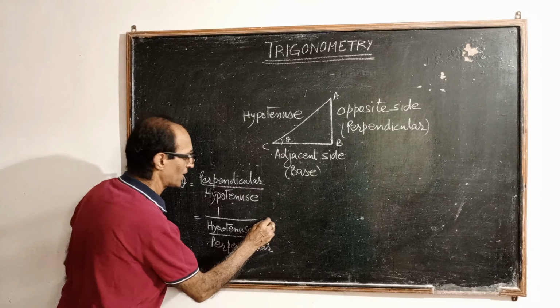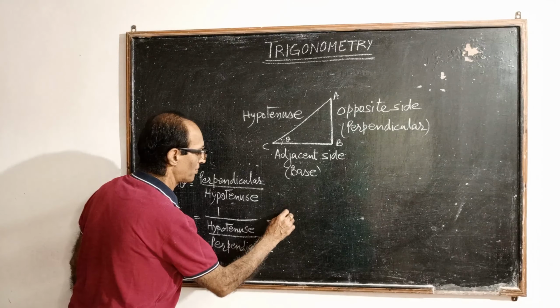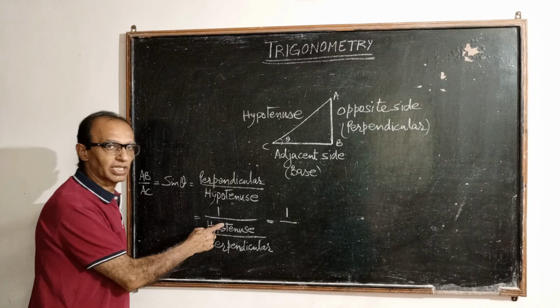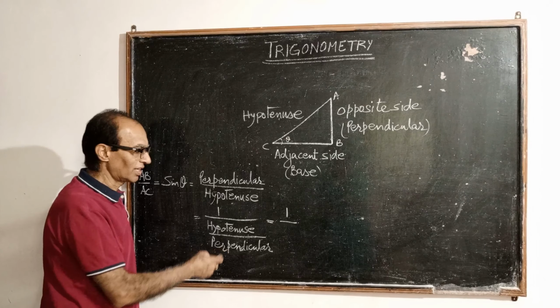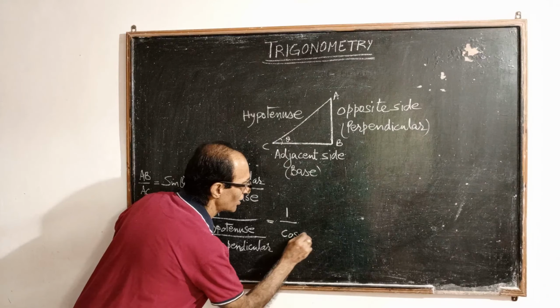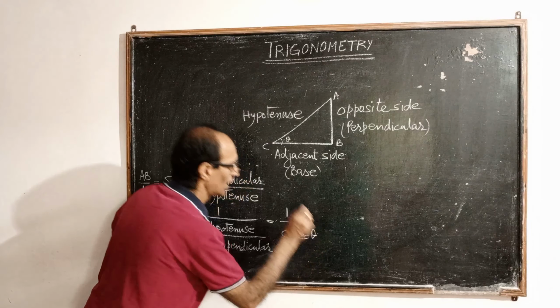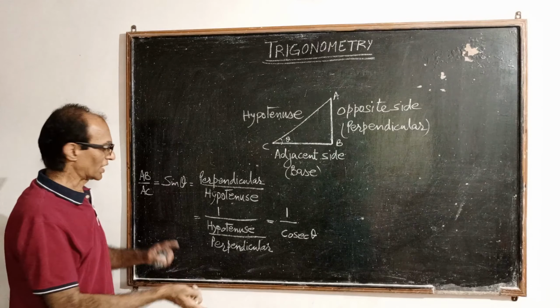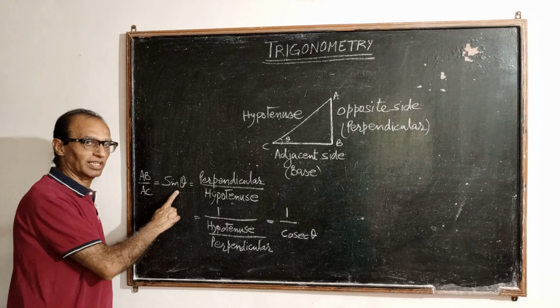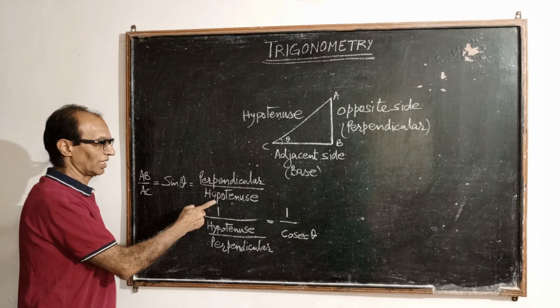That means this becomes 1 upon hypotenuse upon perpendicular. This is what was defined as cosecant theta. So this is written as cosecant theta, and if you work it out, this is AB upon AC, that is sine theta, that was perpendicular upon hypotenuse.